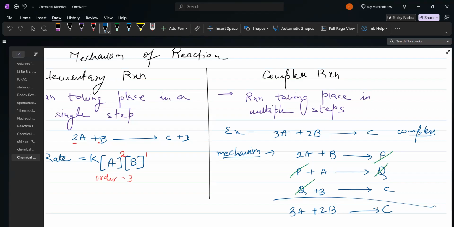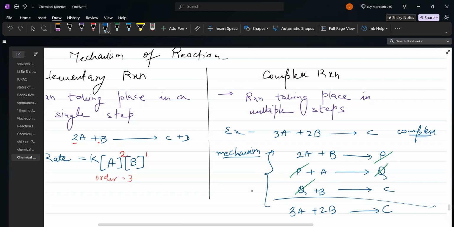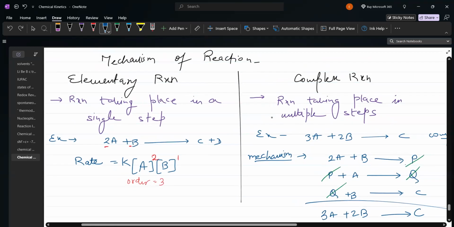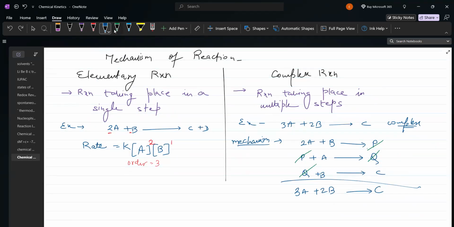So this is the final reaction. But actually this happened in 3 steps, which no one has observed. These are the actual steps. Got it? This is how elementary and complex reactions are different, because this took place in multiple steps, and that took place in 1 step only. Understood? Yes, sir.